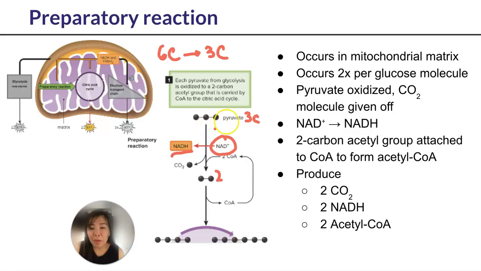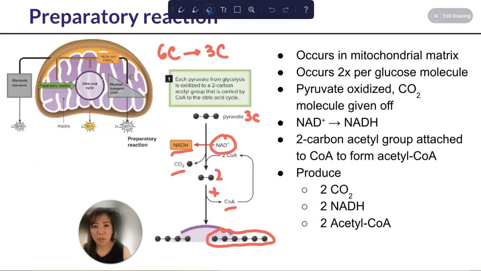The carbon that was released will become carbon dioxide, which is the carbon dioxide that we actually breathe out. Now we have a 2-carbon molecule here, and we attach that 2-carbon molecule to coenzyme A, resulting in acetyl-CoA.